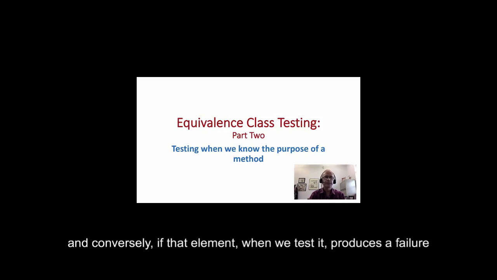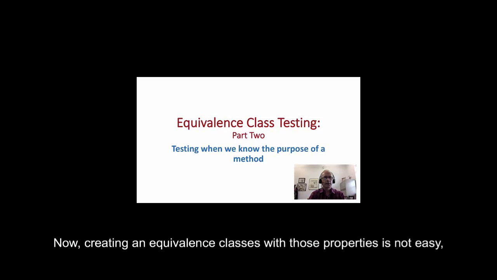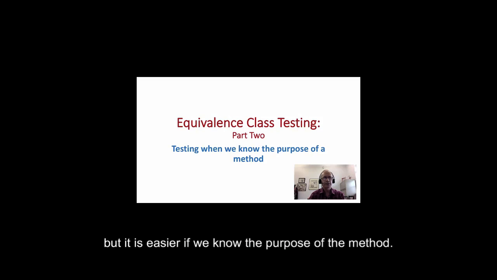And conversely, if that element produces a failure, other elements in that equivalence class would also cause a failure. Now, creating equivalence classes with those properties is not easy, but it is easier if we know the purpose of the method.